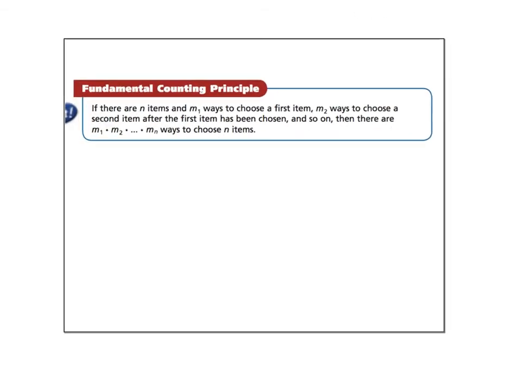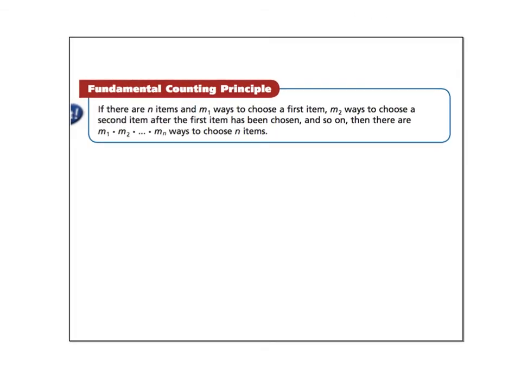Okay, here is the fundamental counting principle, and I'll read it to you, then I'll explain with a couple of examples. I think it's much easier that way. But the definition is if there are n items, with m1 ways to choose the first item, m2 ways to choose the second item, and so on, there are m1 times m2 times and so on combinations to choose n items.